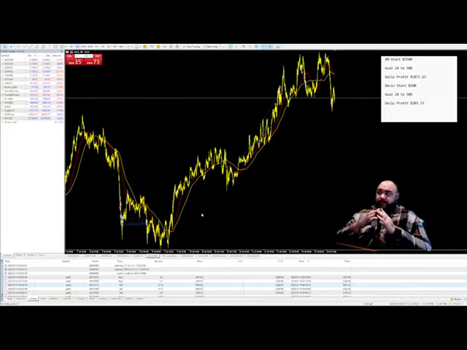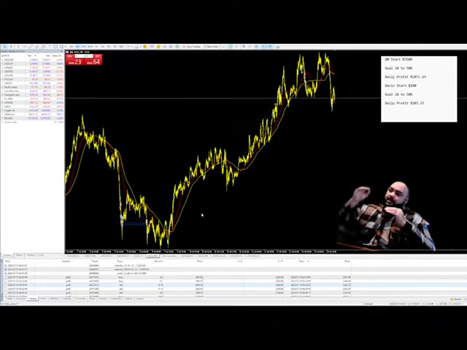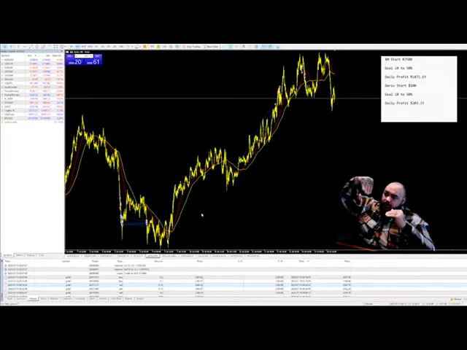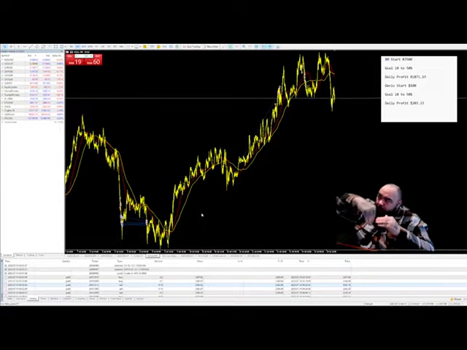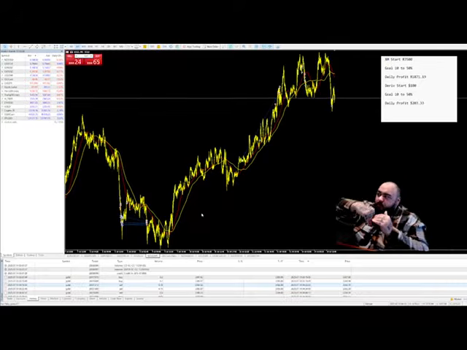When the 100 moving average, which is the yellow line, is running below the red one, so the 55 is above the 100, then we want price from the top side to move and touch the 55.